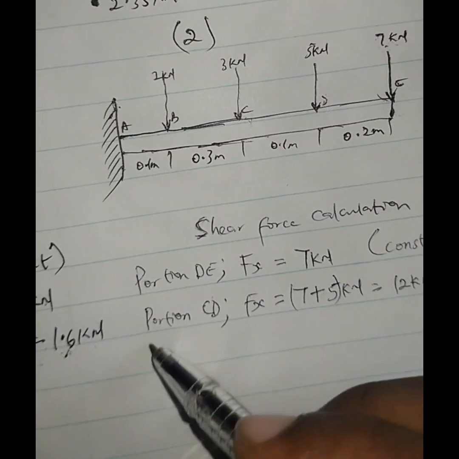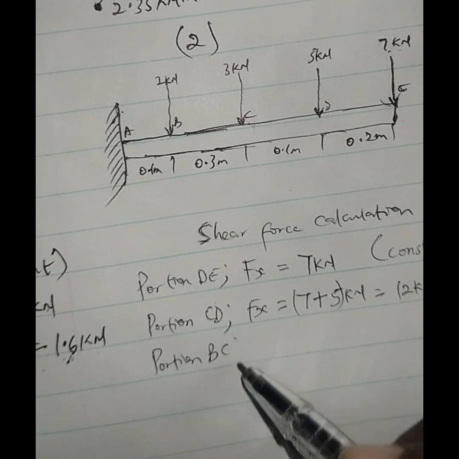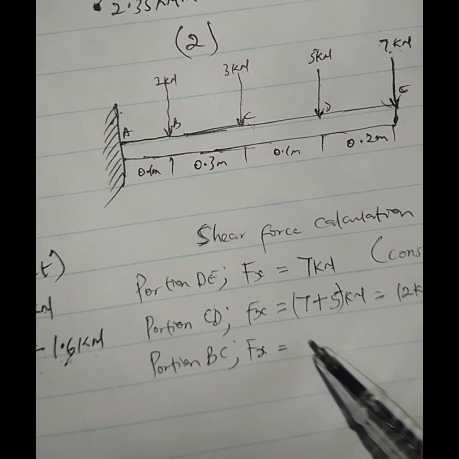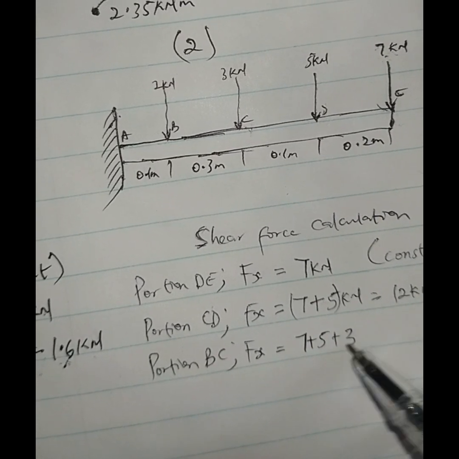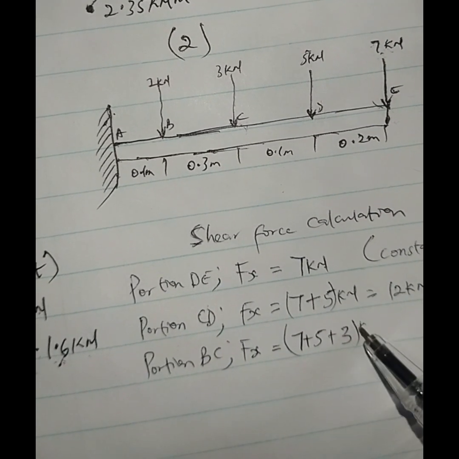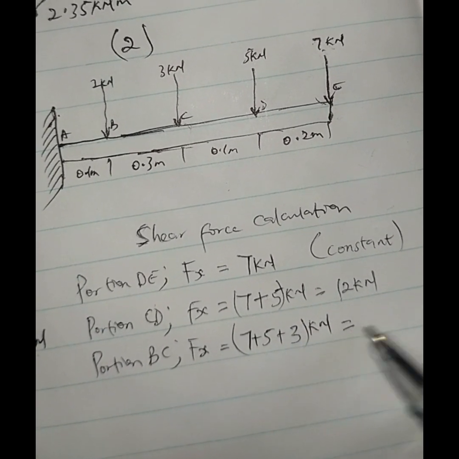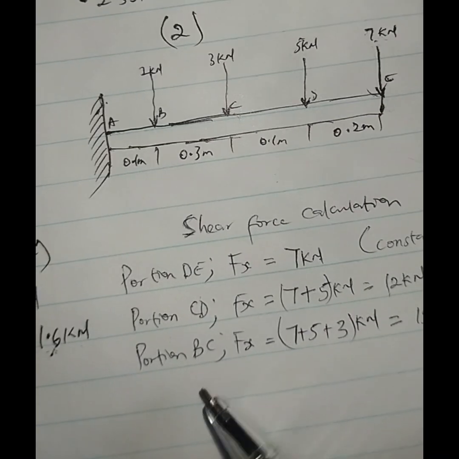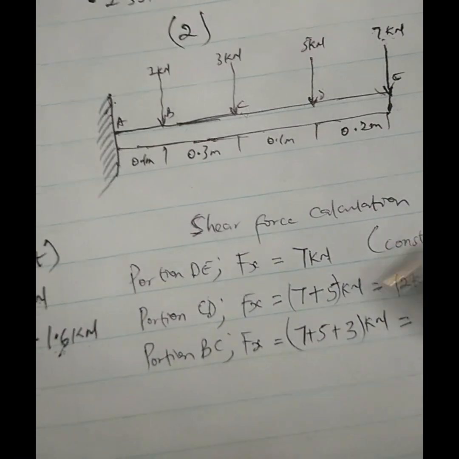So now next one is portion BC. Your f of x is now equal to 7 plus 5 plus 3 kilonewton, which is equal to 15 kilonewton. Now we already know that we're cutting it at this point, so we're adding them up.